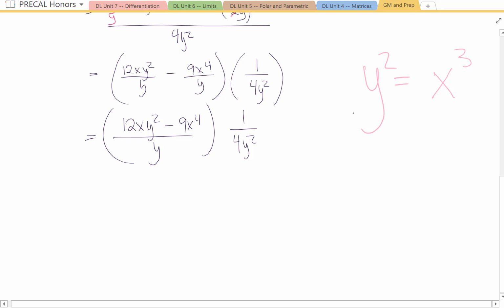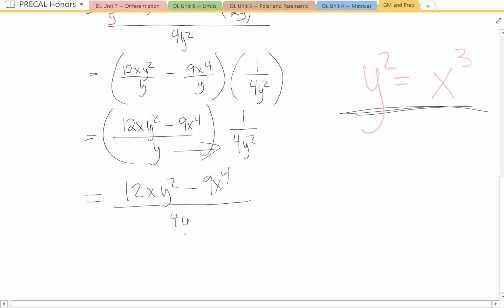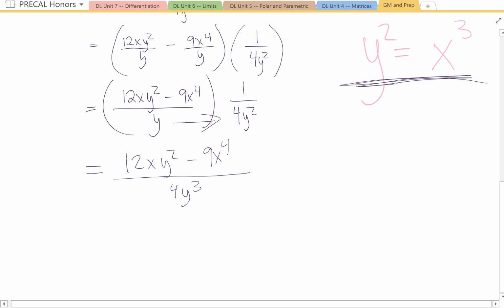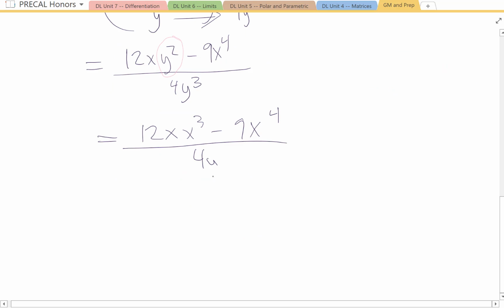From the beginning, they told us that y squared is equal to x cubed. First, I will finish multiplying this for y cubed. So y squared is equal to x cubed. I see a y squared right here that I could change into an x cubed, and that might help me combine the top. 12x times x cubed minus 9x to the fourth over 4y cubed.